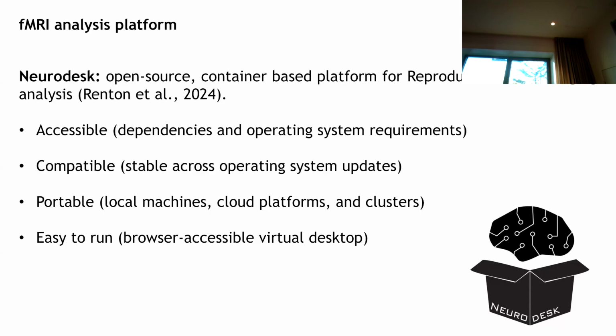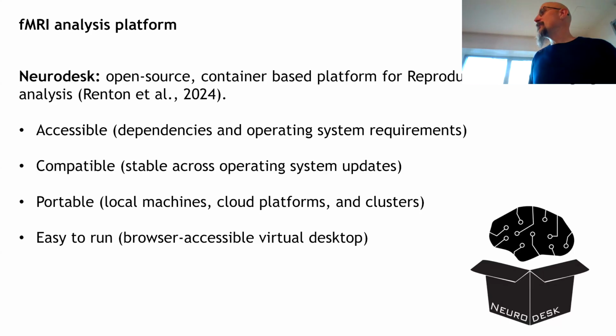It's a container, so it's stable across operating systems and updates. It's portable, so I will show you the different versions of portability of this NeuroDesk. You can use it on your local machine, on the cloud, or even on clusters. And it's easy to run. You need to install it first, but after it's easy.